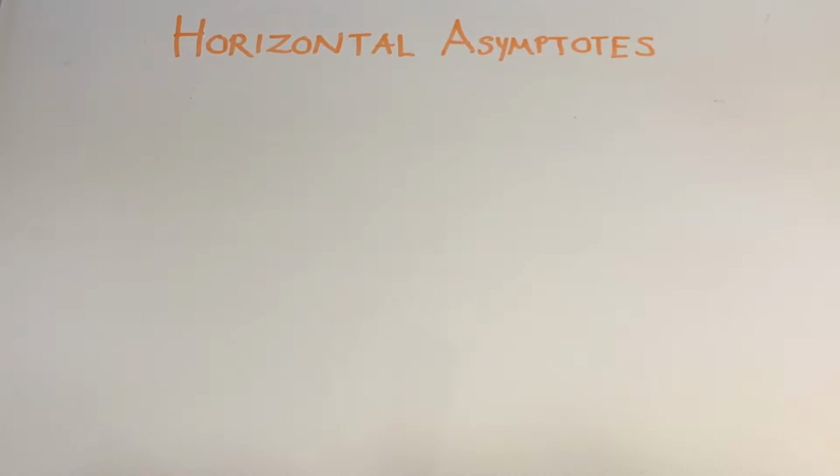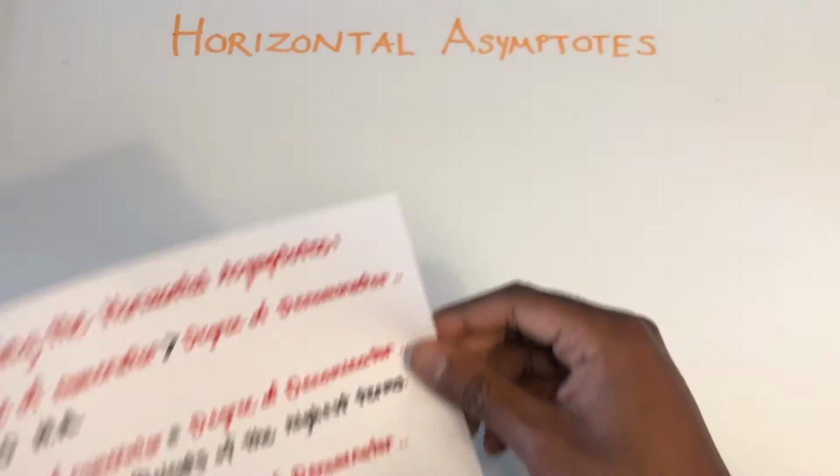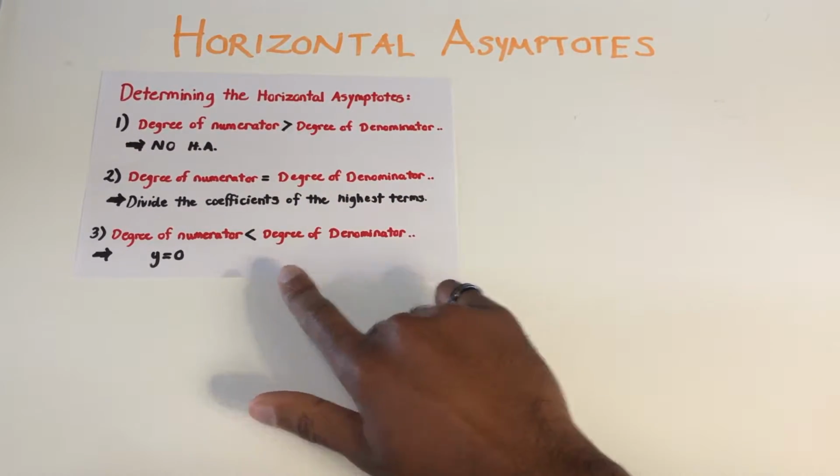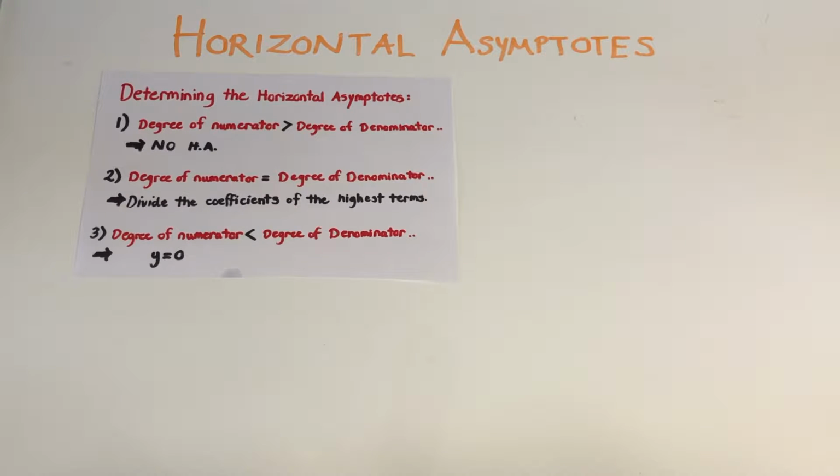Let's look at another example in which the degree of the numerator is less than the degree of the denominator, which means that y equals 0, which ultimately means that there is a horizontal asymptote on the x-axis.